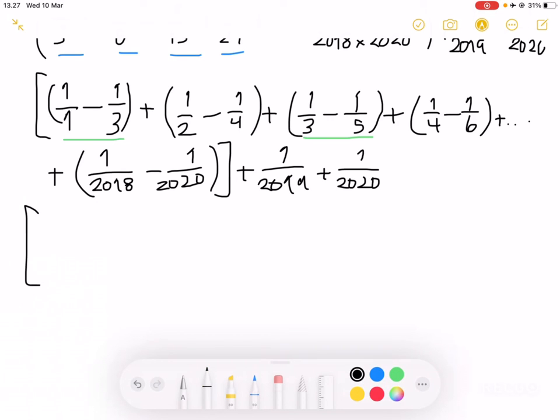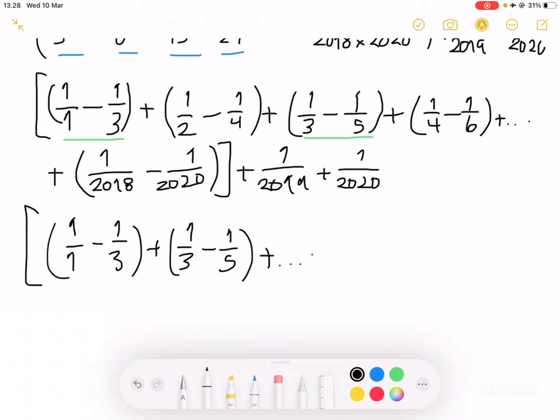So that will be 1 over 1 minus 1 over 3 plus 1 over 3 minus 1 over 5 plus so on, and we'll stop at 1 over 2017 minus 1 over 2019. And notice this grouping will only include odd denominators.